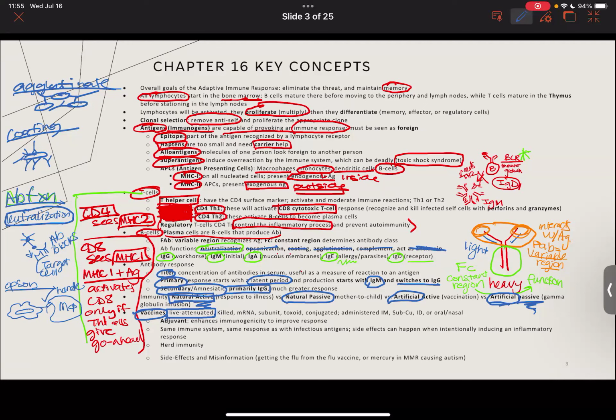It can multiply, but it's not supposed to cause disease in people. Can they revert back? Yes. So that's a problem with polio vaccination that we sometimes see with the nasal vaccines that we use in third world countries to vaccinate against polio, that it can sometimes revert back to the original disease-causing form. We don't use a ton of live attenuated stuff with bacteria. We mostly see this with viruses.